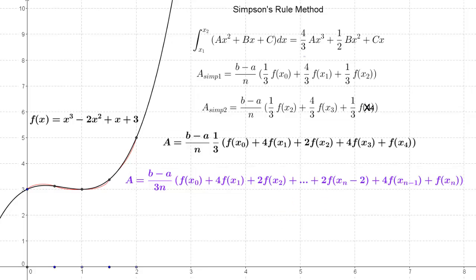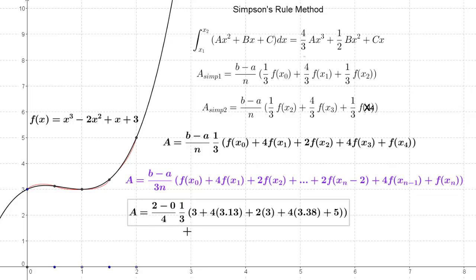So let's apply that to our situation here with n equals 4. We have 2 minus 0 over 4 times 3, so that's the delta x times the number of subintervals, times the first f of x, which is f of 0, plus the last one, which is f of 2, f of a and f of b.